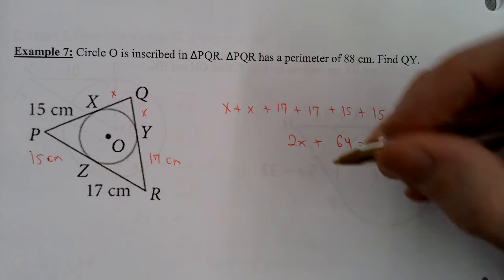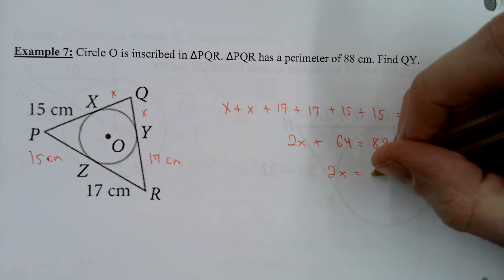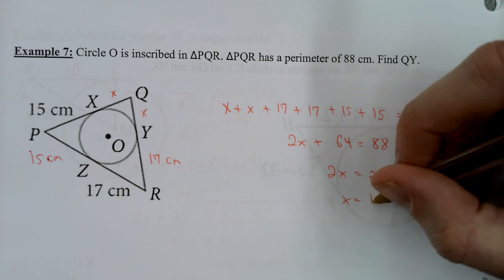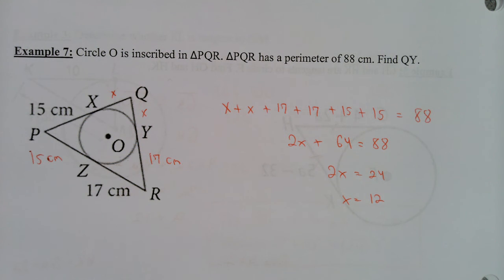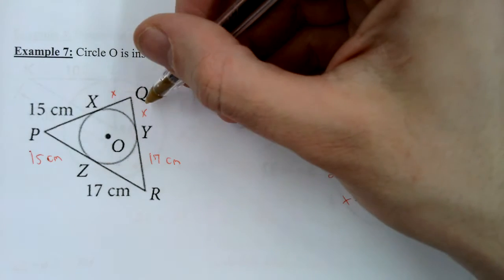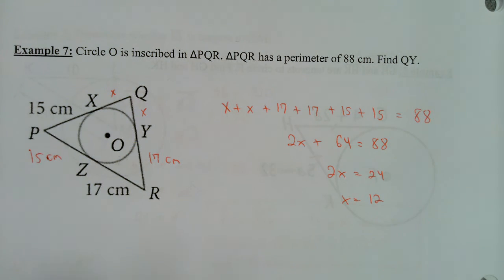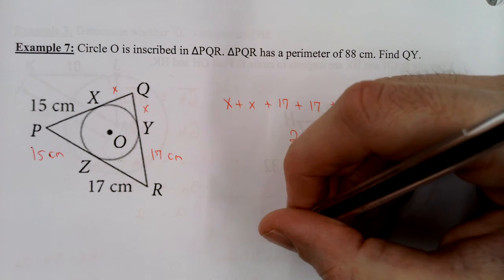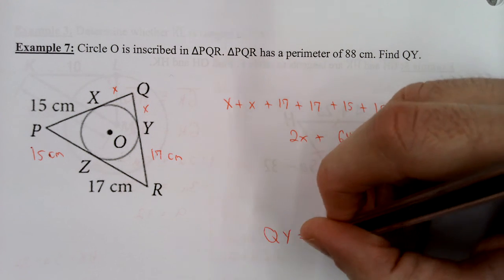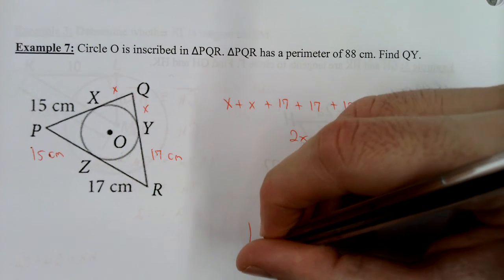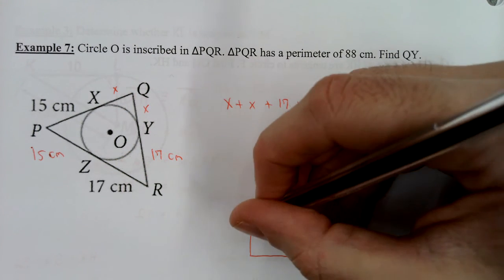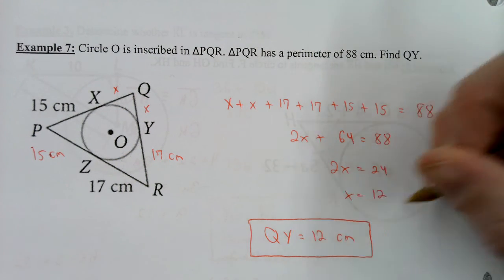So 2x equals 24, x equals 12. If you remember back to our original diagram, x represented QY and QX. So that means that QY equals 12 centimeters. If I asked what's QX, QX also equals 12 centimeters.